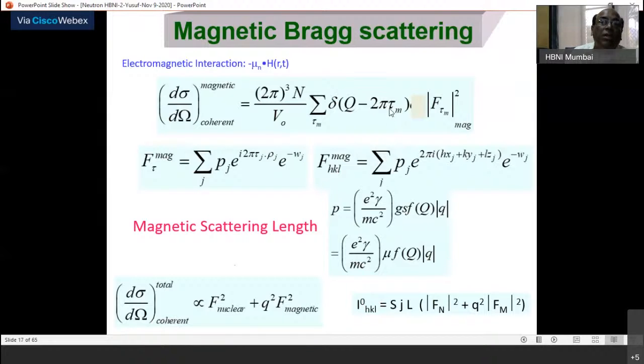But the reciprocal tau for the magnetic need not be the same as tau for the nuclear. See, in reciprocal space, where is your reciprocal lattice sitting? It is in the Ewald sphere. With regard to non-magnetic crystalline material and magnetic, it need not be the same.